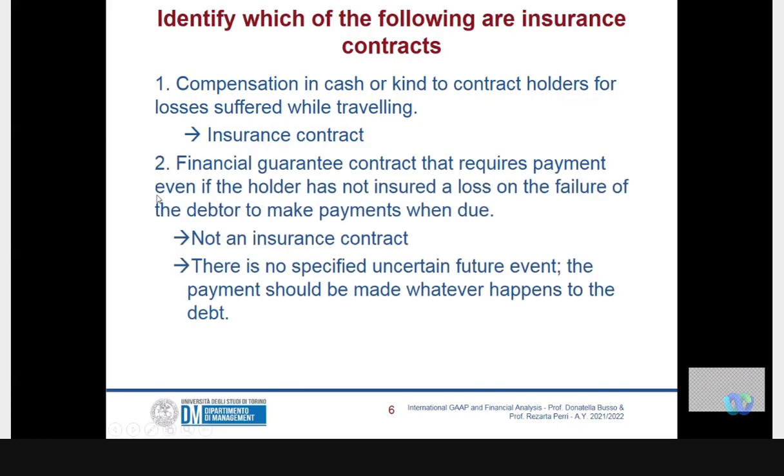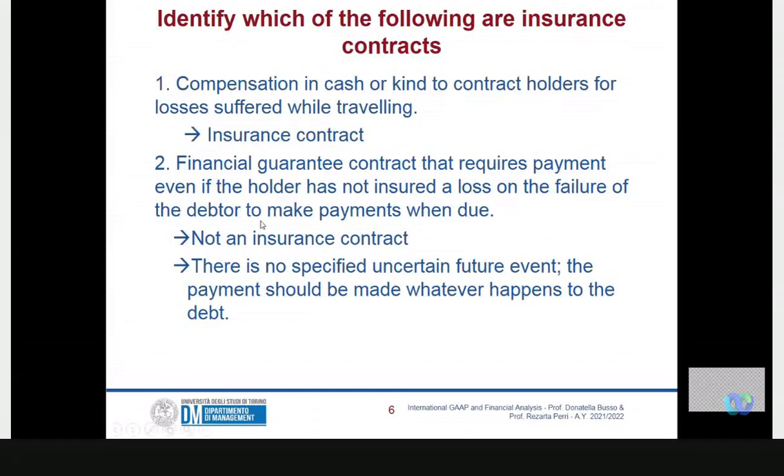You see the second example, a financial guarantee contract that requires payment. Now, this is the key word: even if the holder has not incurred a loss on the failure of the debtor to make payments when due. Now, this is not an insurance contract because there is no unspecified, uncertain future event. Actually, the payment should be made whatever happens to the debt.